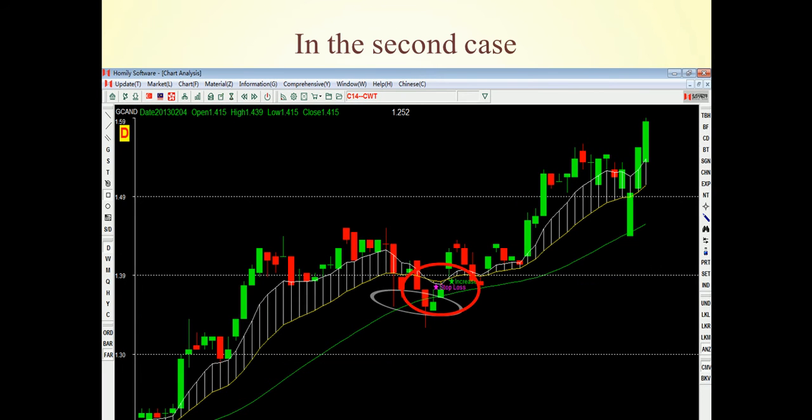So we see here, the green line is still up, right? Green line is still up. Then we can see here, stop loss point appears. What should we do? We'd better wait and see. Wait for 3 days, okay? Because we can see the medium-term trend is still up, so you'd better wait and see.